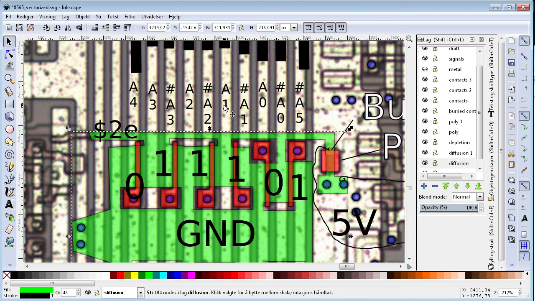So anyway, A1, there's no gate on that one, so then we look at A1 negated, and there's one there. So this one must be off, therefore we must have A1 equals 1, and therefore A1 negated equals 0. So that's a 1, and so on.